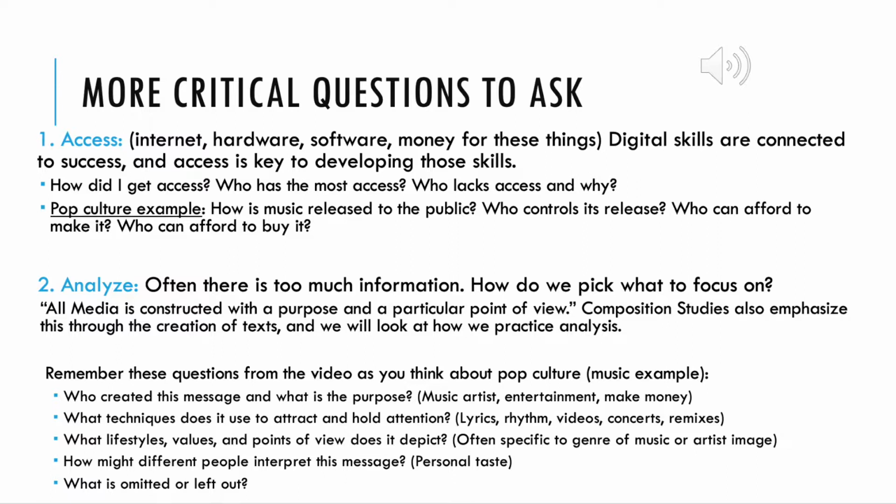So all of these questions function to help develop the skill of analysis. And this can be applied to general media, to popular culture, and as we'll see in composition studies, many of these questions actually overlap with how we analyze texts as well. And I mean text here in terms of written text as well as visual texts. And we'll discuss that in detail as we go this semester.